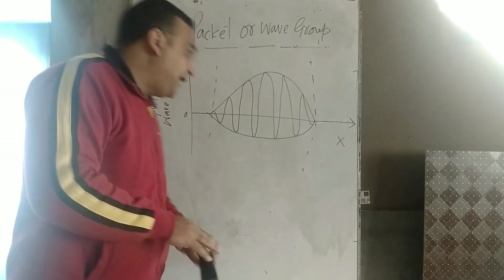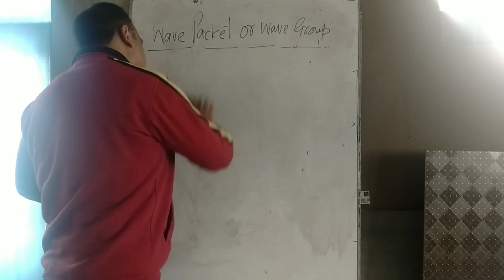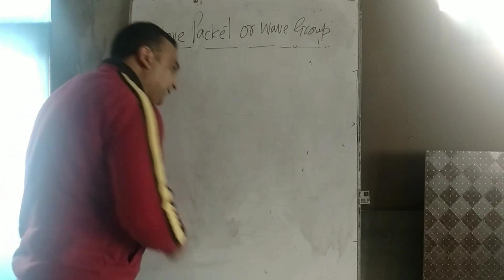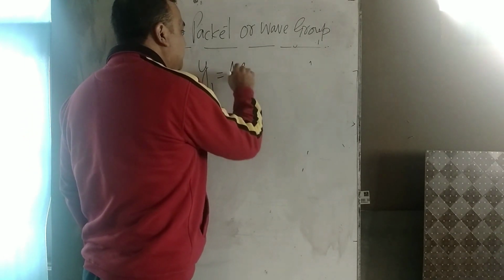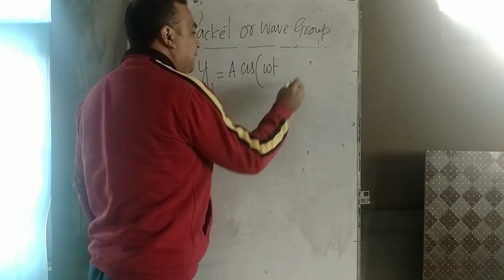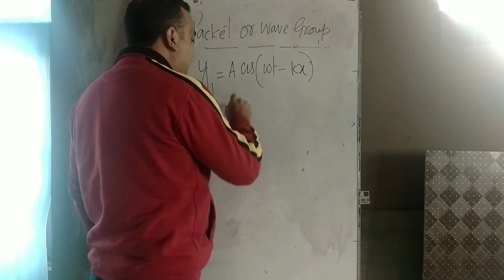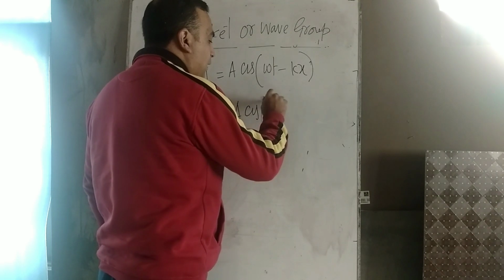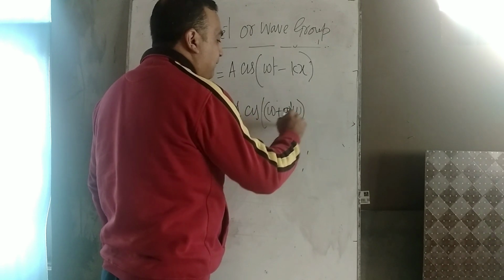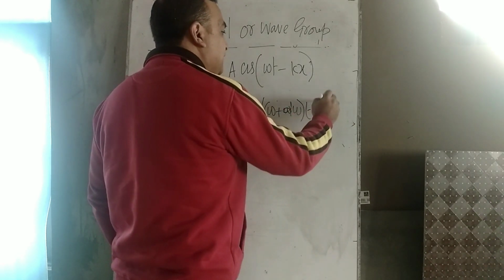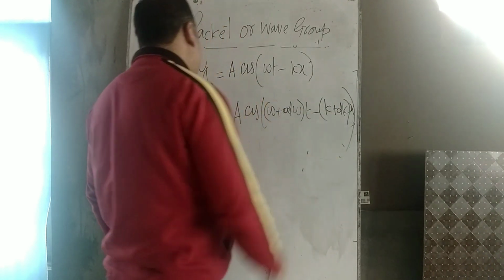Now, for the sake of argument, if we take two wave trains having the displacement as a cos(ωt − kx), and choose another having the same amplitude, a cos((ω + dω)t − (k + dk)x).